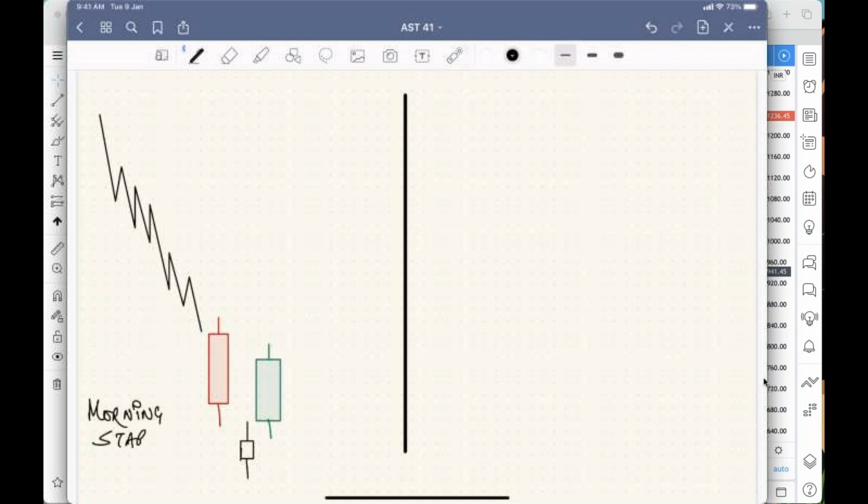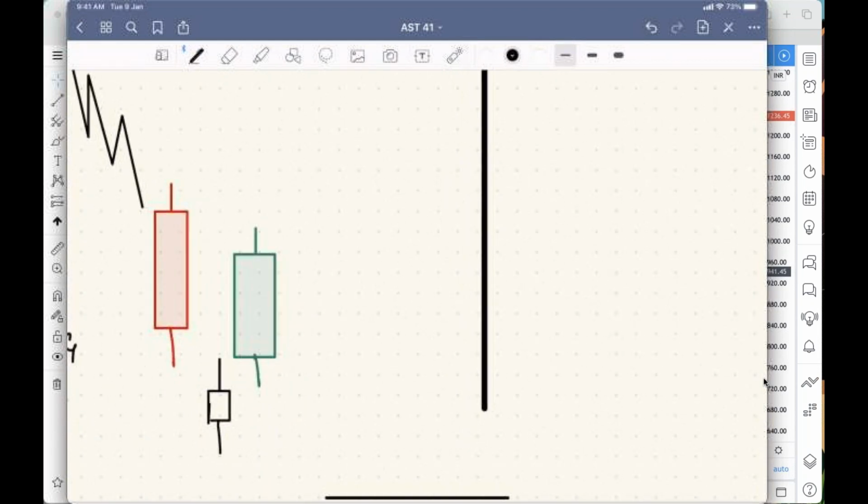Let's understand the pattern. Number 1, red day with the flow of the market down. Number 2, small bodied, red or green does not matter. When we look at the body of day 1 and the body of day 2, they do not overlap. There is a space. The shadows can overlap. The bodies do not overlap.